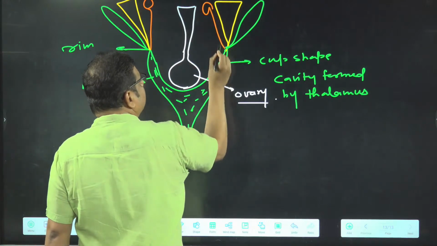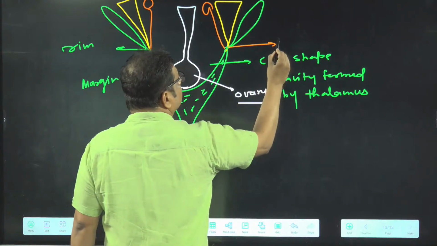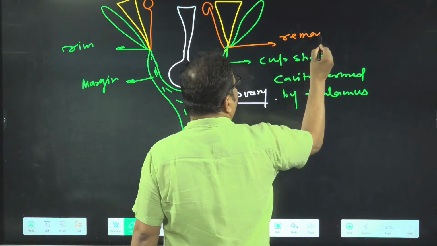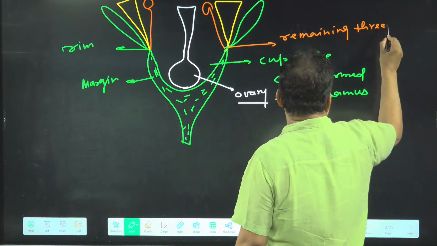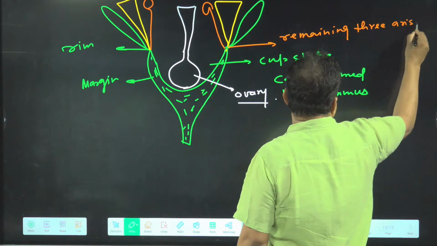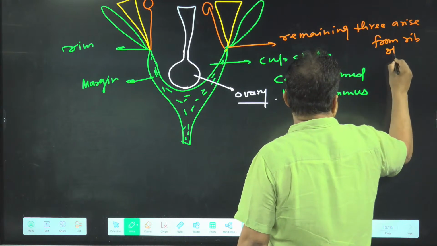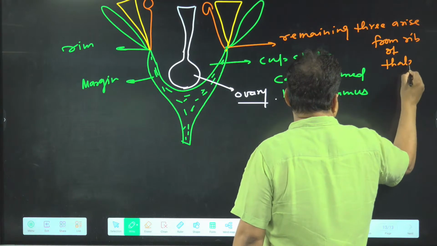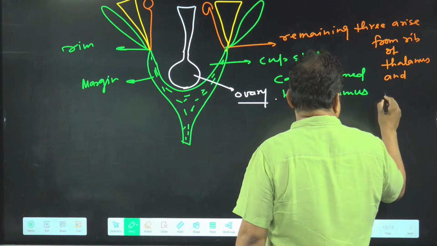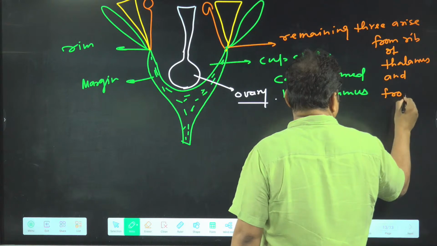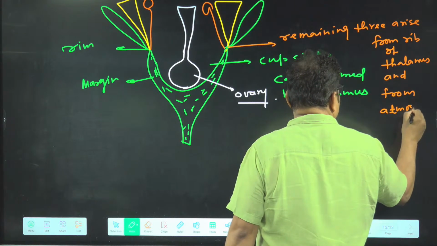Stamen means the remaining three whorls arise from the rim. The remaining three whorls other than ovary arise from the rim of the thalamus, from almost the same level, from almost the same point.